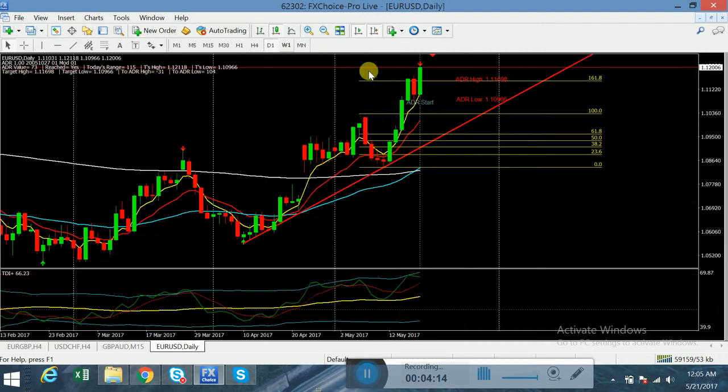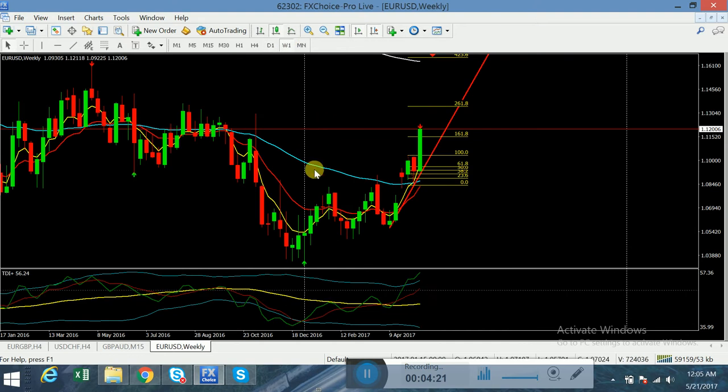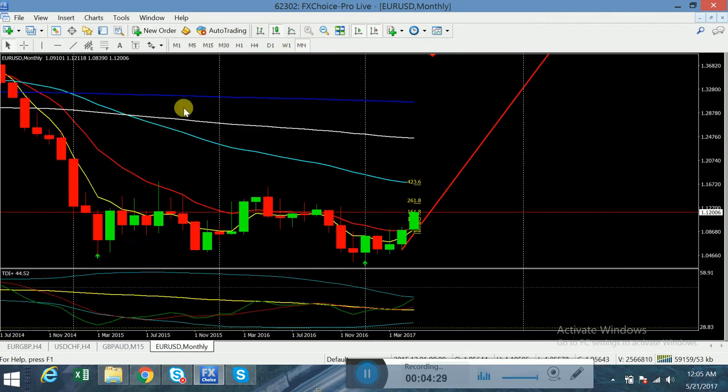So let's go to the daily chart. We're also in an uptrend. We can see that here. Let's go to the weekly chart. Also in an uptrend. So based on this chart, here are our potential targets based on the Fibonacci.